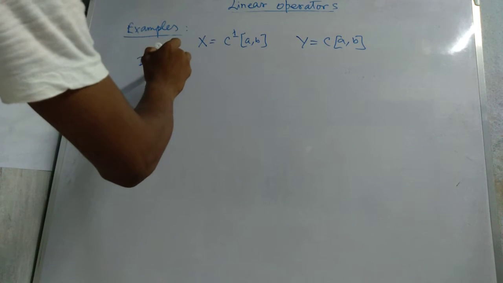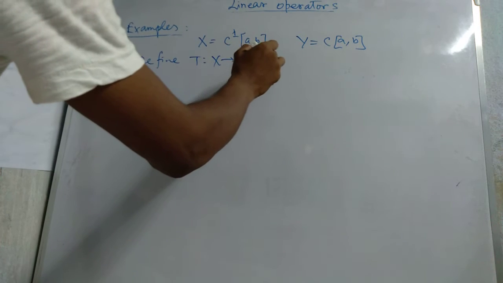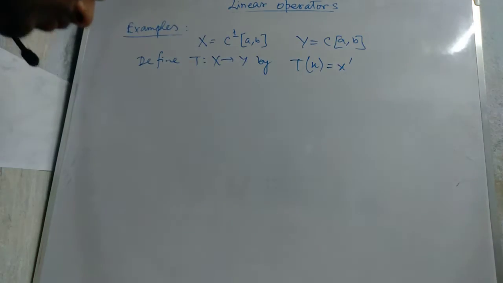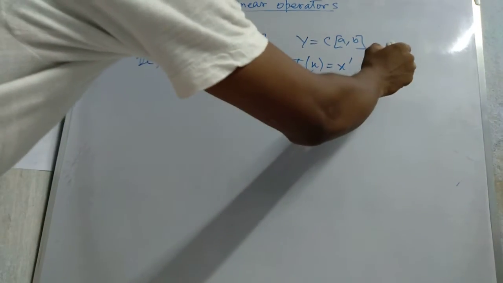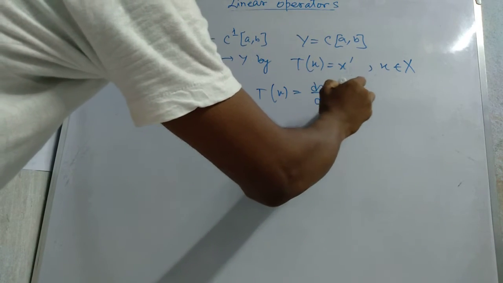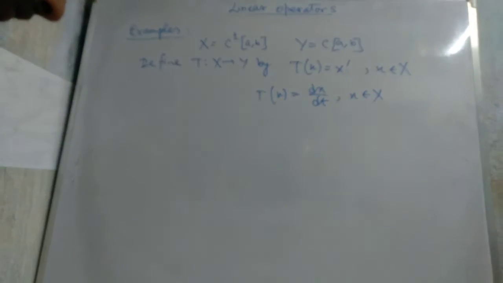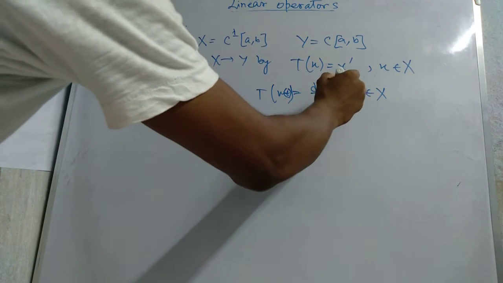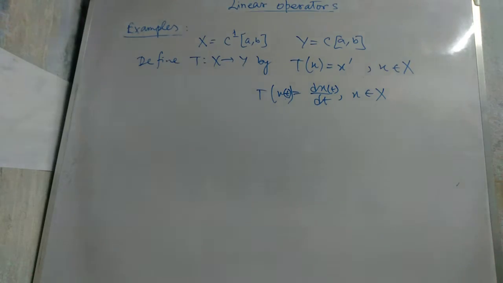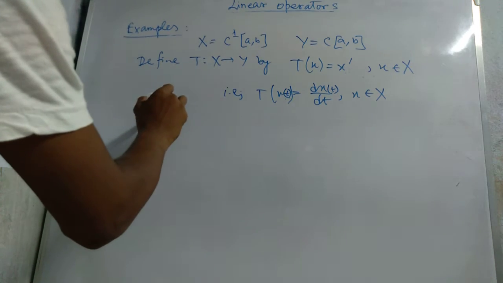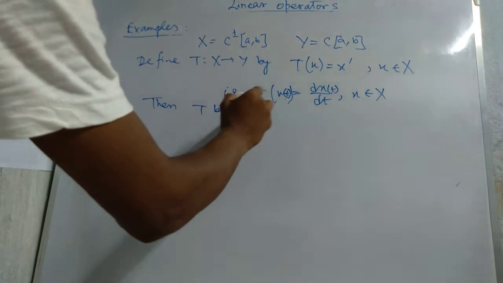Then define T from X to Y by T x equal to x dash, that means T x equals dx by dt, for x belonging to X. Here obviously x is a function of t. Then T is also a linear operator.